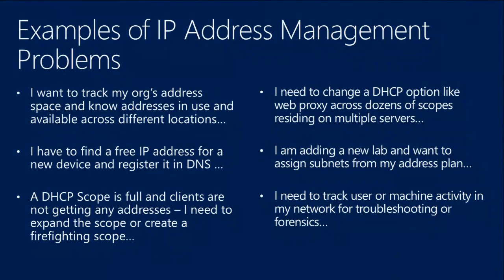He needs to do it across multiple servers, across multiple scopes, and he needs to do this in an efficient manner. Businesses keep expanding. There are new offices getting set up. The admin needs to provision new address space for a new lab or a new office which is getting created, and reuse some of the IP address parameters or network configuration parameters as he sets up this new network.